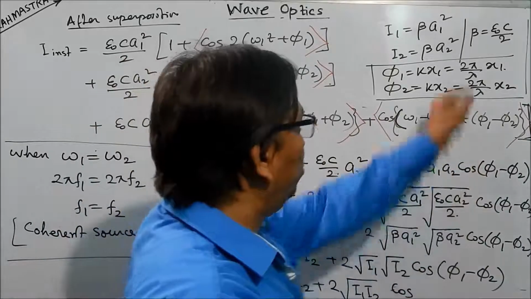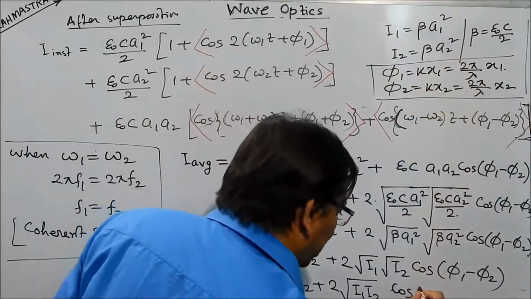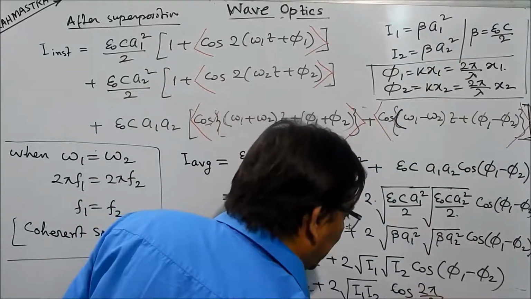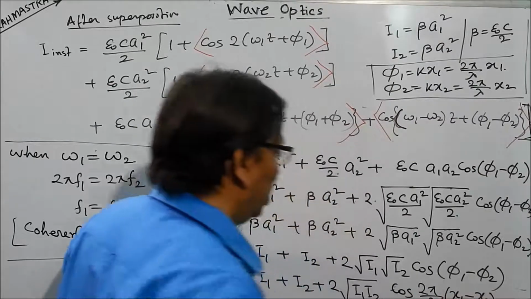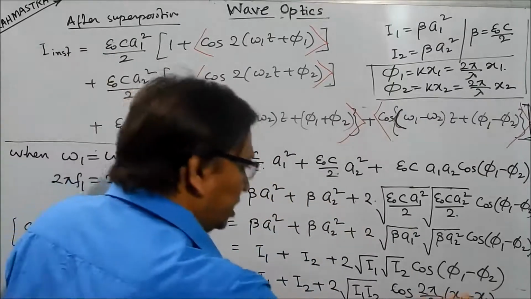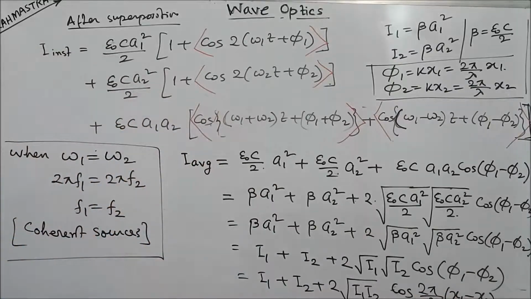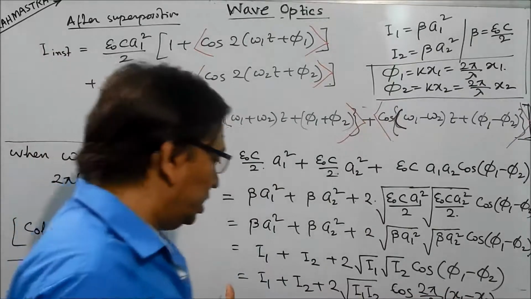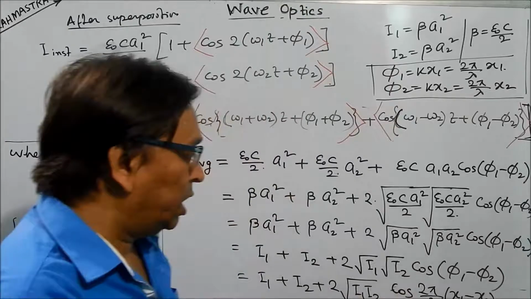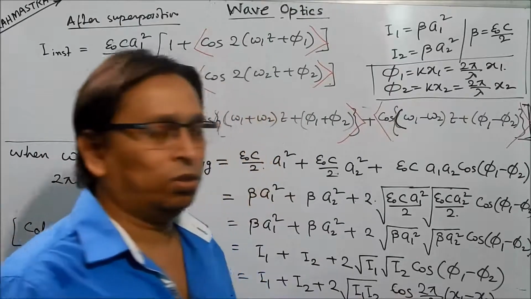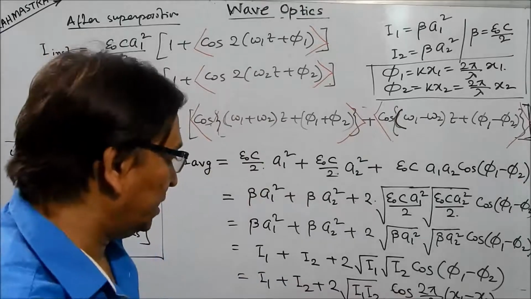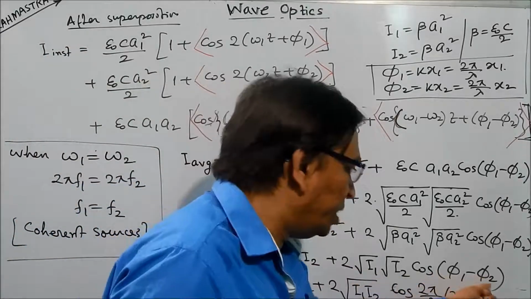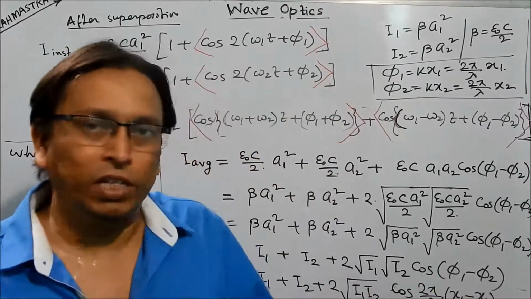So if I take 2 pi by lambda common from here, this will be 2 pi by lambda, this will be x1 minus x2. So ultimately we are getting this relation. If the sources are coherent and monochromatic, then the relation is this. Now x1 minus x2, this is called the path difference, that will be discussed in my next class. And phi 1 minus phi 2, this is called angular phase difference.